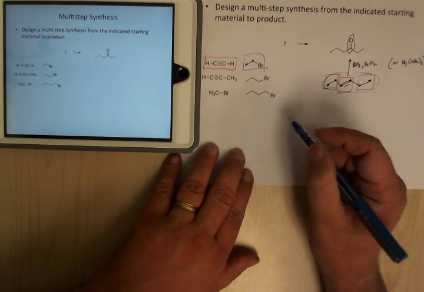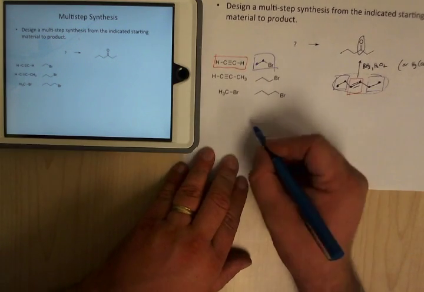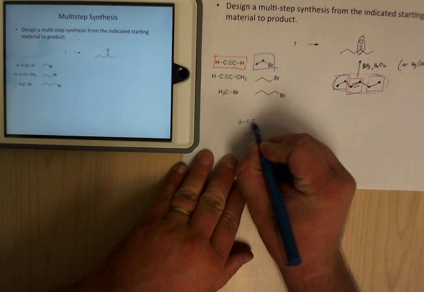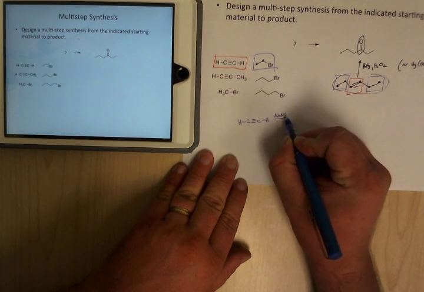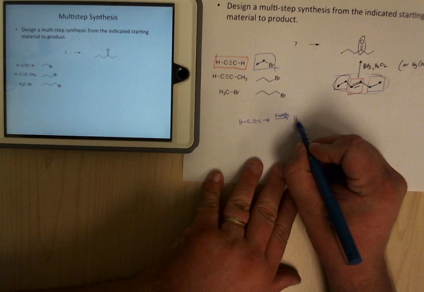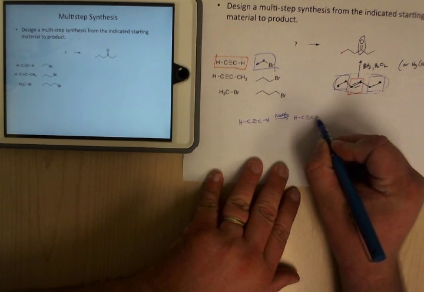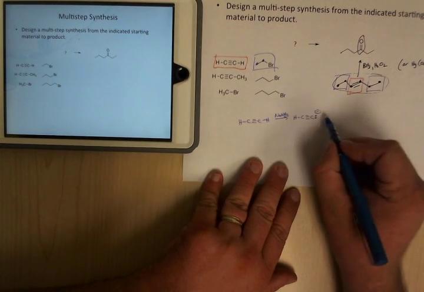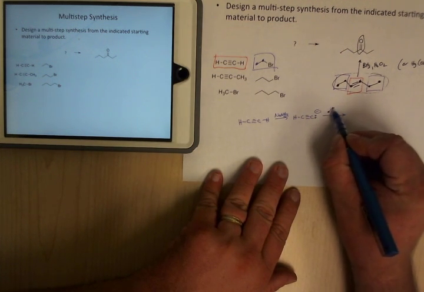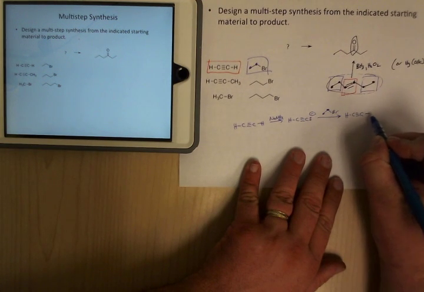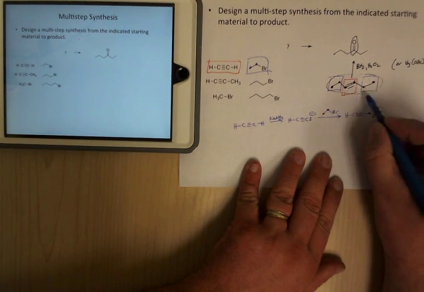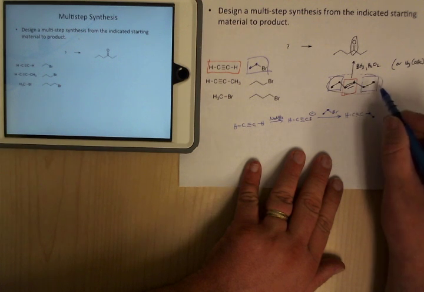Okay, and so what we really need to do is we need to start with that. Okay, add the sodium amide. You have to go through this process twice to add it on one side, right? And we're going to add a 2-carbon piece, right? Add this 2-carbon piece here, right?